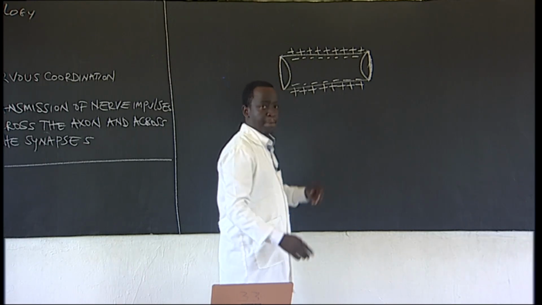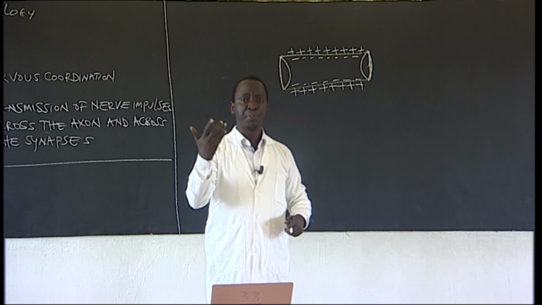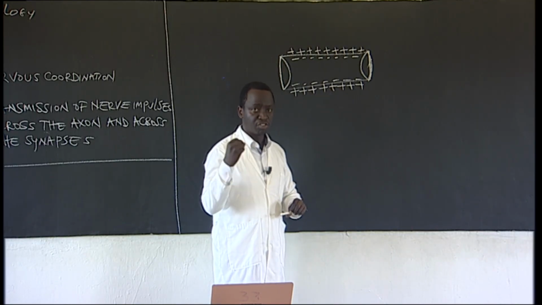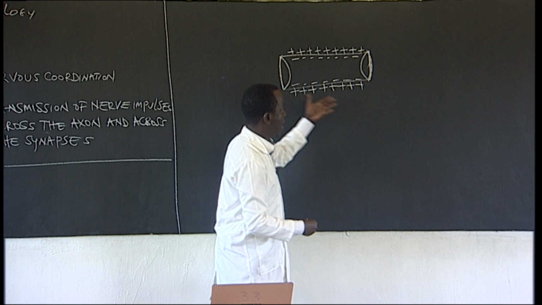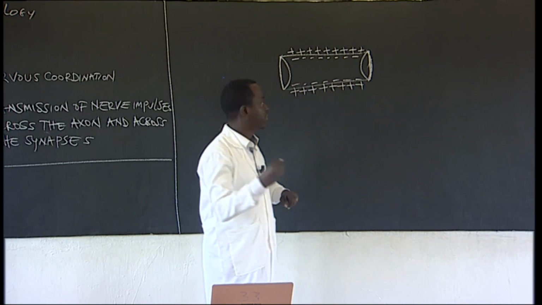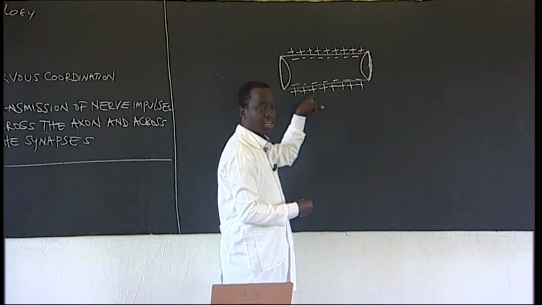This is when a cell is at the resting potential, when there is no transmission of the impulse. When the impulse is not passing through this axon, the outside is surrounded by positive charges, which are sodium.